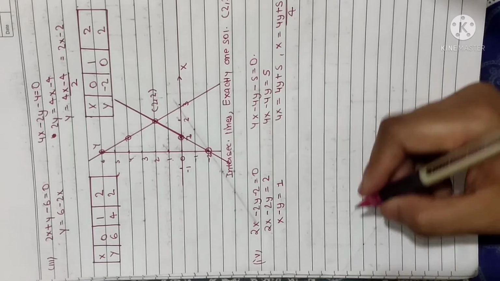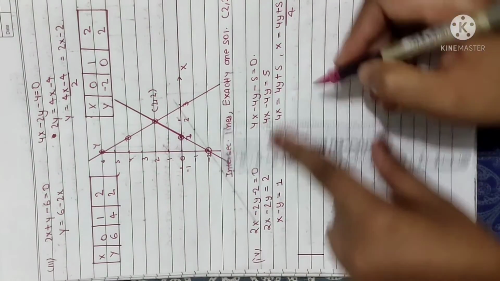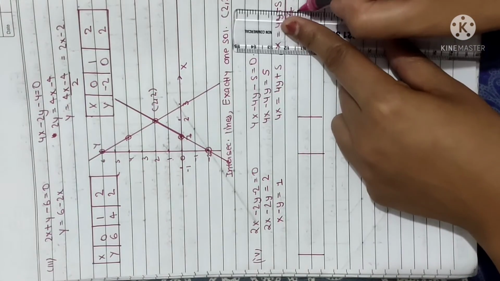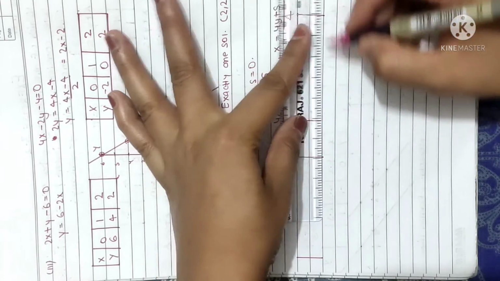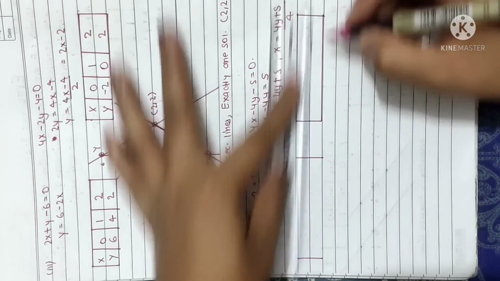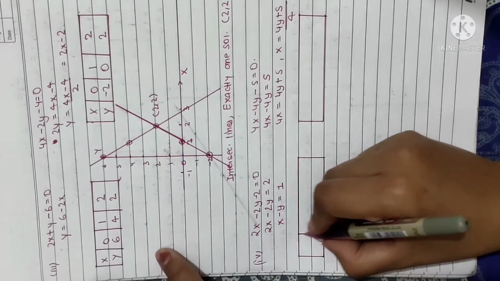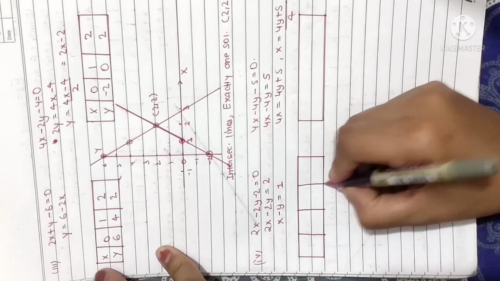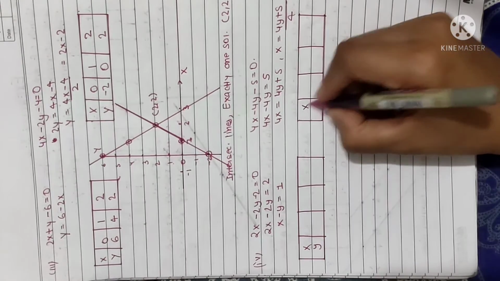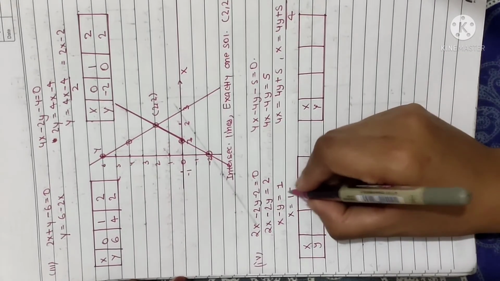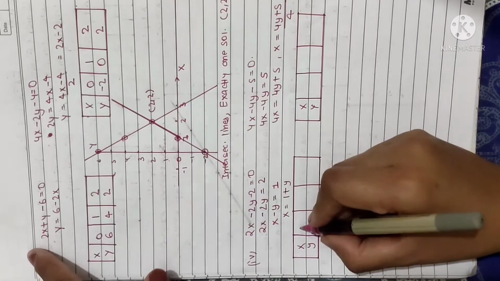Now we have to find solutions for these equations. Here x will be 1 + y. For this equation, when I put y as 0, then x will be 1.